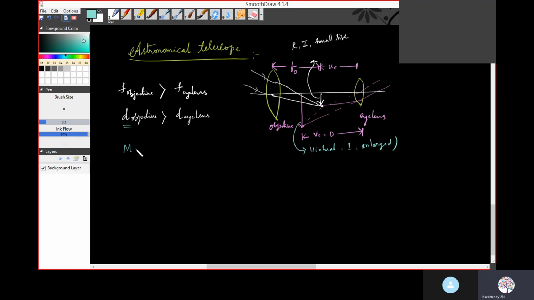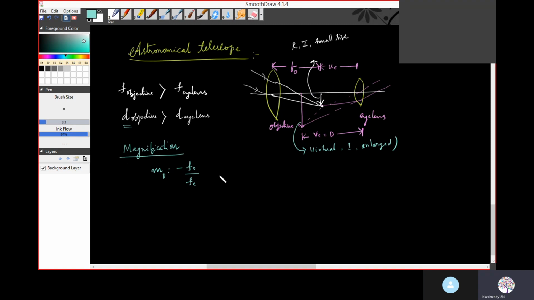Now the magnification we will see. Magnification is what we write as M. If the image is falling at the least distance of distinct vision, then the magnification of the objective you have to write F naught by Fe, because you are getting the image at F naught.